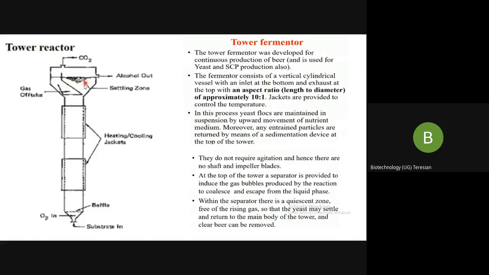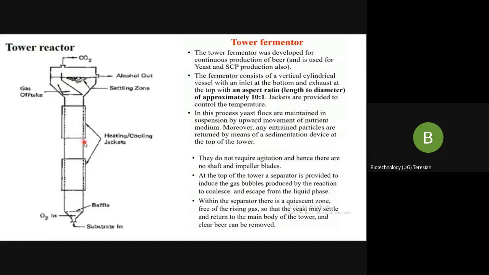So here the gravity becomes important. Why? You shall see here. Bulk of raw materials, water and malt, are elevated to the top of the fermenter first, which then comes down without the need of any pump because of the gravity.